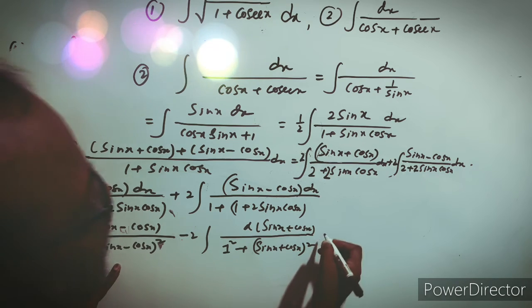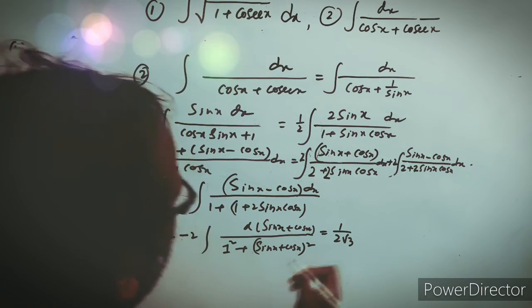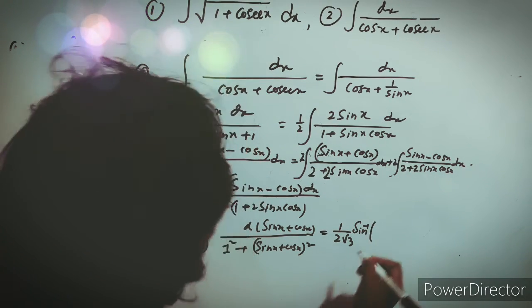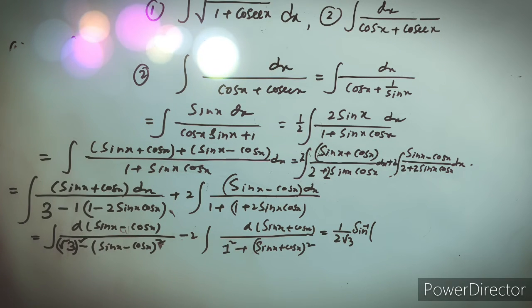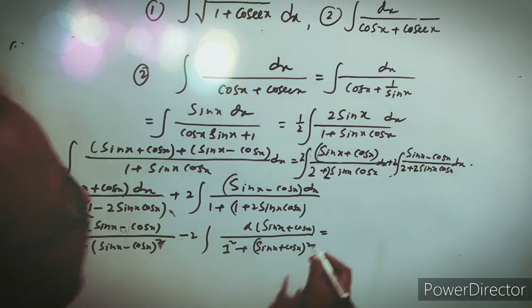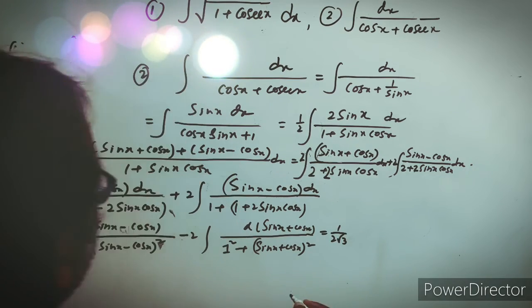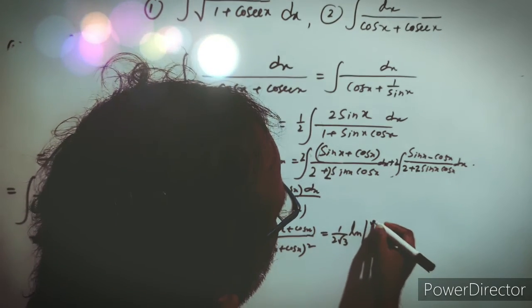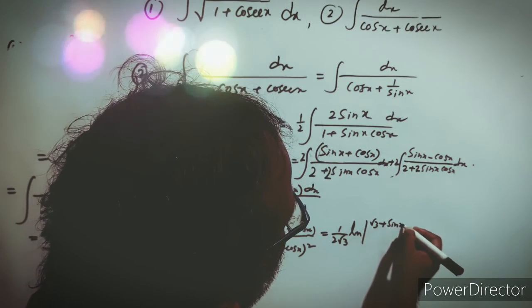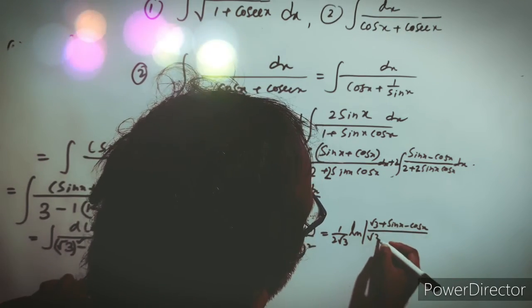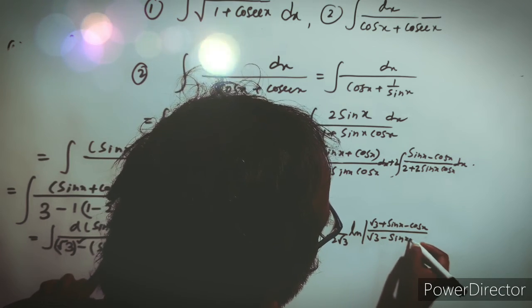So this is 1 by twice a, where a means root 3. I wrote it wrongly here: this is not a sin inverse and this is not under root. So this is 1 by twice a, ln mod of root 3 plus sin x minus cos x, over root 3 minus sin x minus minus plus cos x.